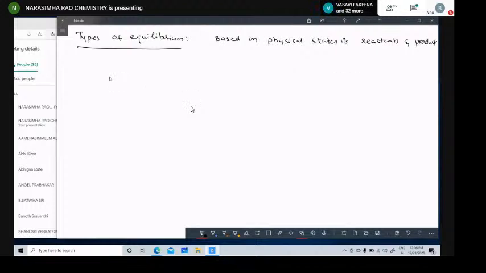It is of two types. First one is homogeneous.